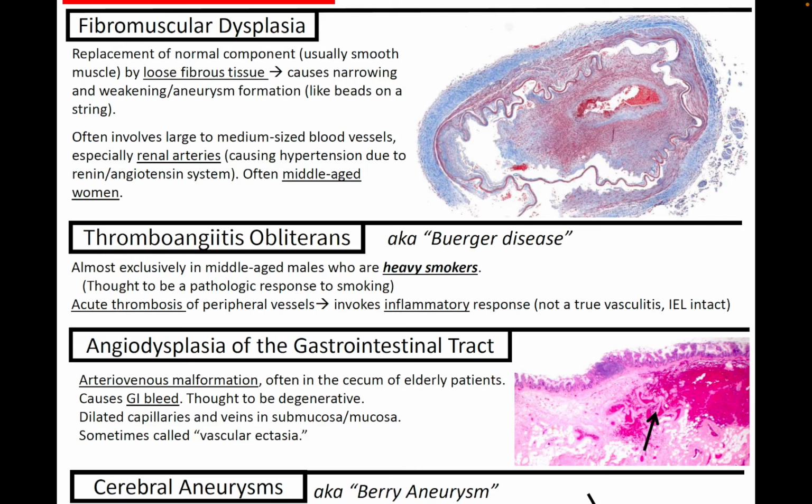This often involves the large to medium-sized blood vessels, especially the renal arteries, causing hypertension due to the renin-angiotensin-aldosterone system. So if you have that narrowing of the renal arteries, it's going to activate that renin-angiotensin-aldosterone system, which can lead to hypertension. And fibromuscular dysplasia often occurs in middle-aged women.